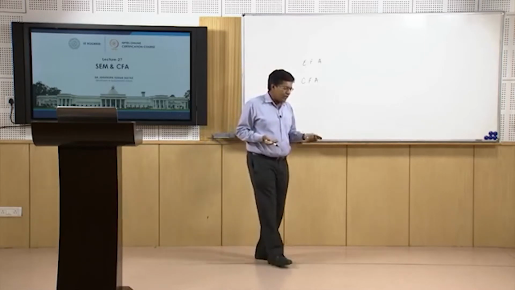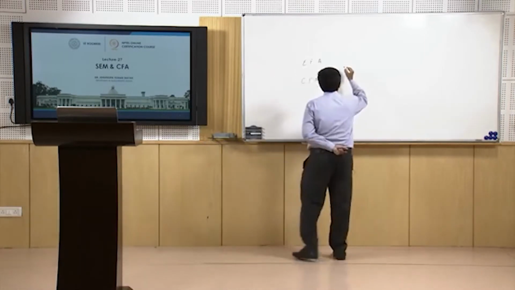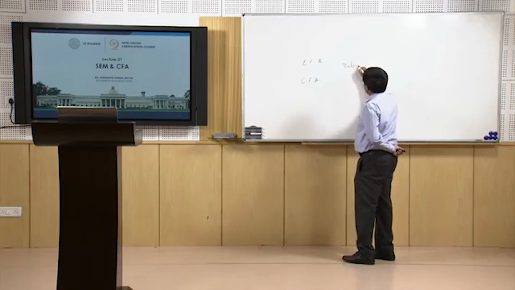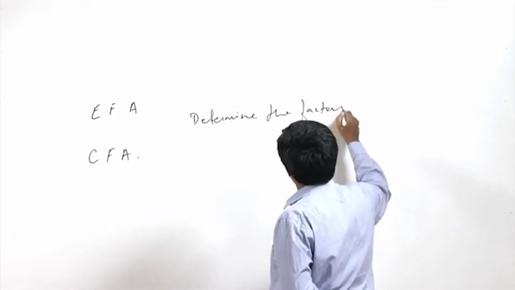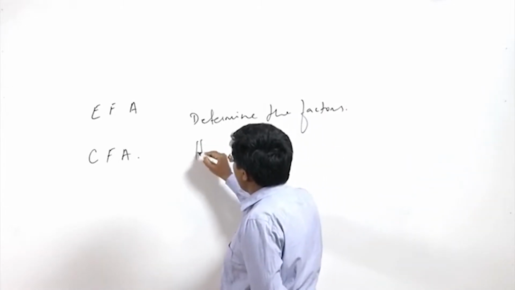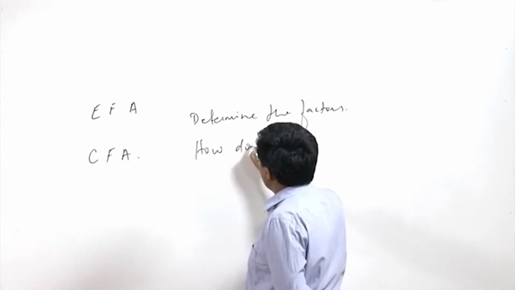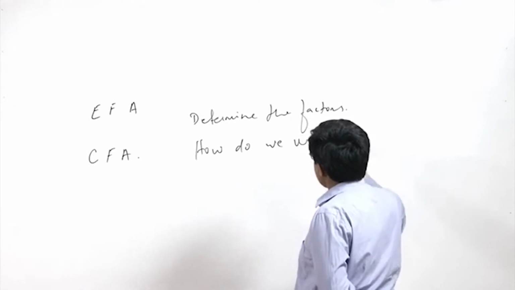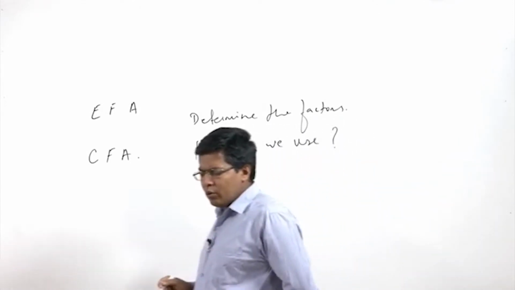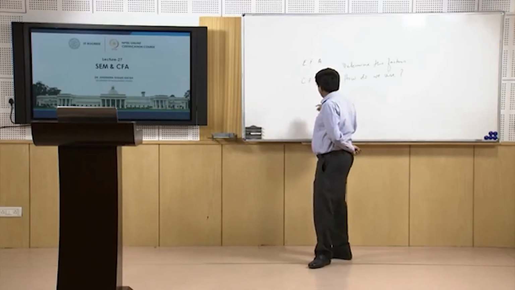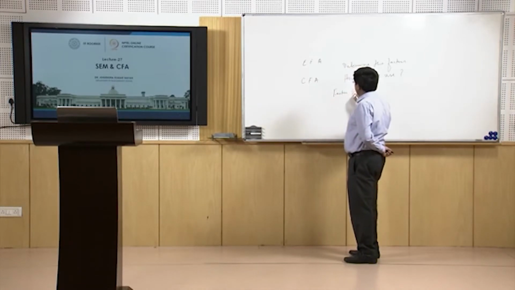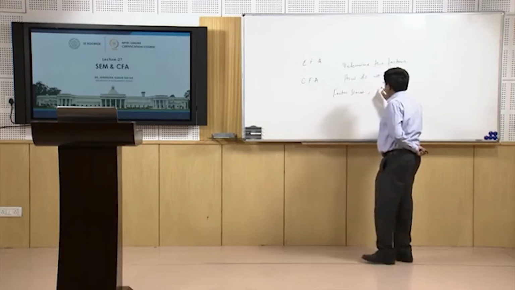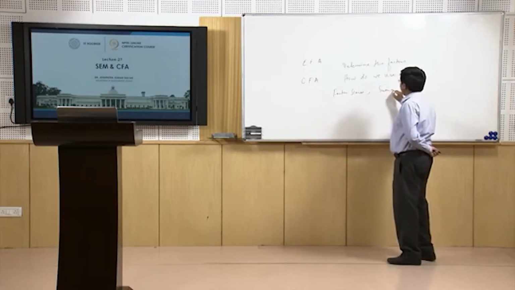So, the first stage was to determine the factors, which we had done, and in the second stage we asked how do we use these factors. I explained that there are two things, one called factor scores, and the other called summated scale.